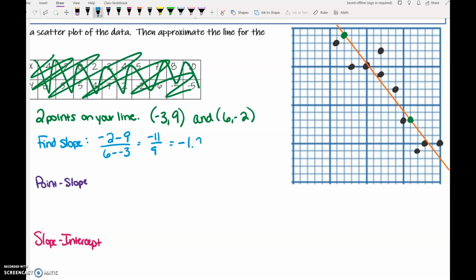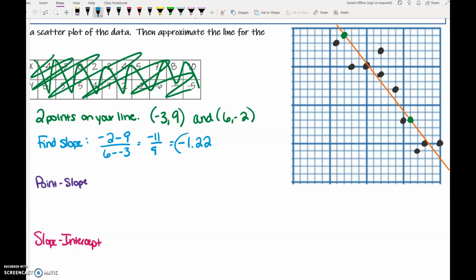And you can use a decimal because this is not going to be a pretty number. It's likely going to be something kind of crazy. Your slope should be negative, so if you get something that isn't a negative slope, you probably did something wrong.